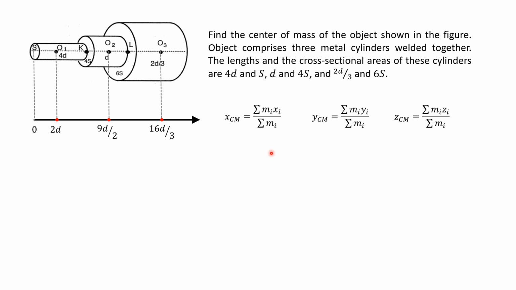Well, that's exactly what we're going to do. We're going to write down the masses of these cylinders multiplied with their corresponding x coordinates, because we don't have to worry about y and z, since we already identified it to be along the central axis.